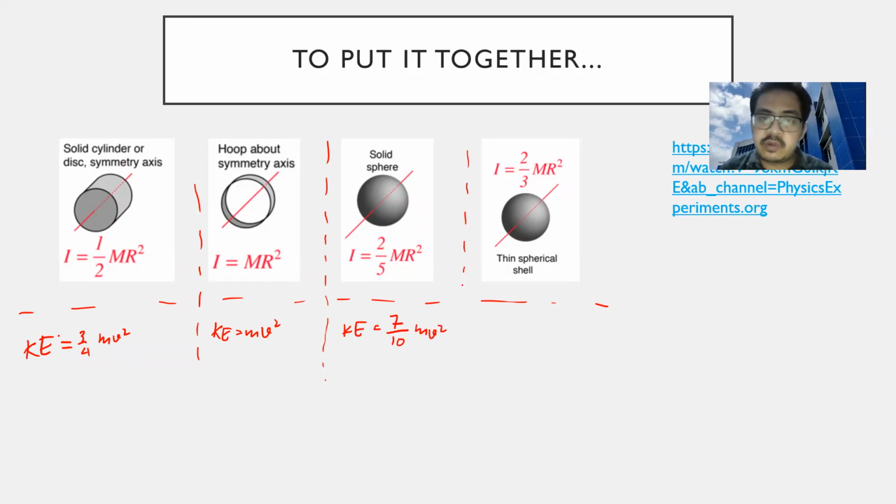But for the thin spherical shell, the kinetic energy is equals to 5 by 6 mv square.